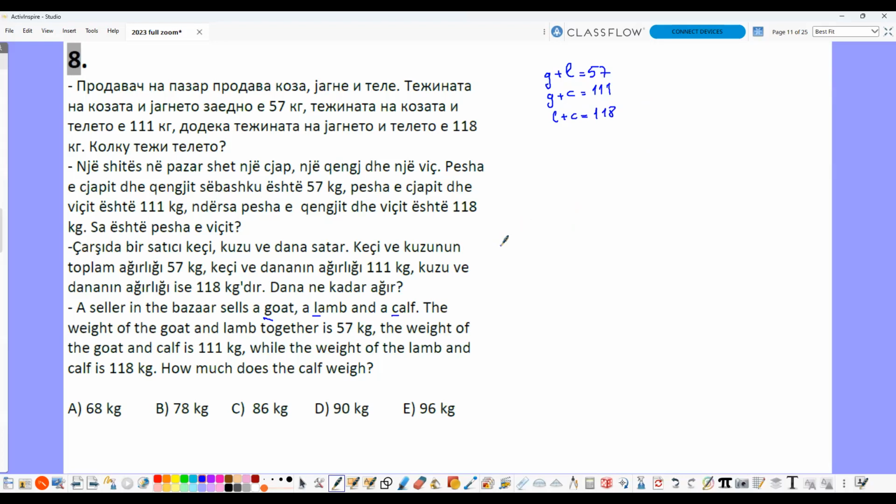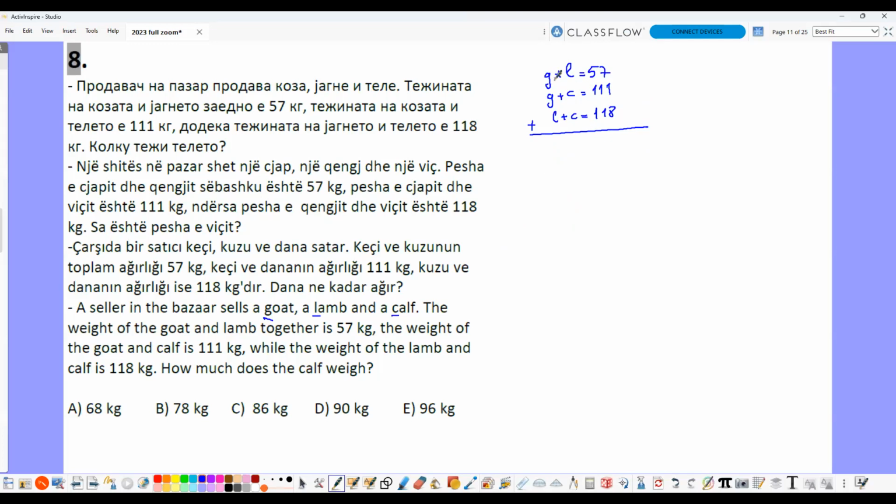So the first step that we have to do is add them side by side. If there are three unknowns and the coefficients are 1, this is the best form.